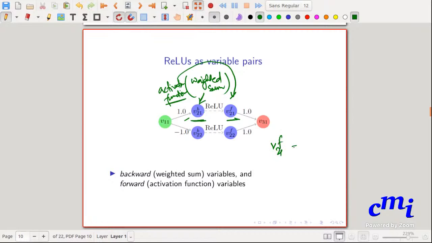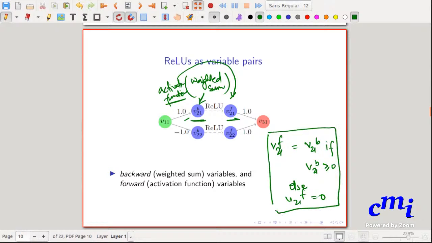V21F is equal to V21B if V21B is greater than or equal to 0, else V21F is equal to 0. Okay, so this is the activation function part of this process.